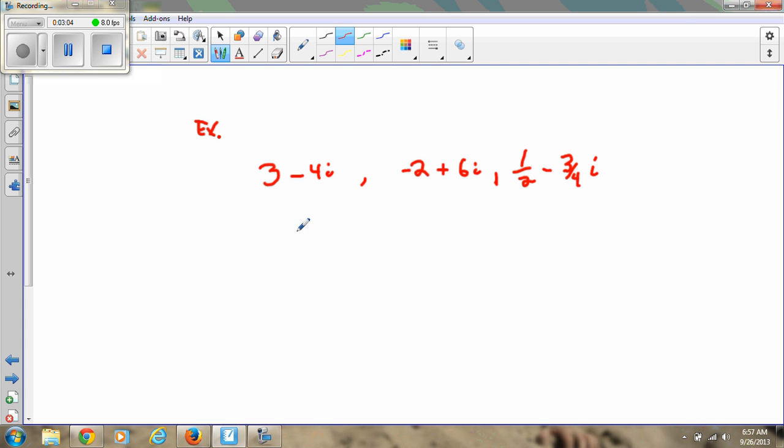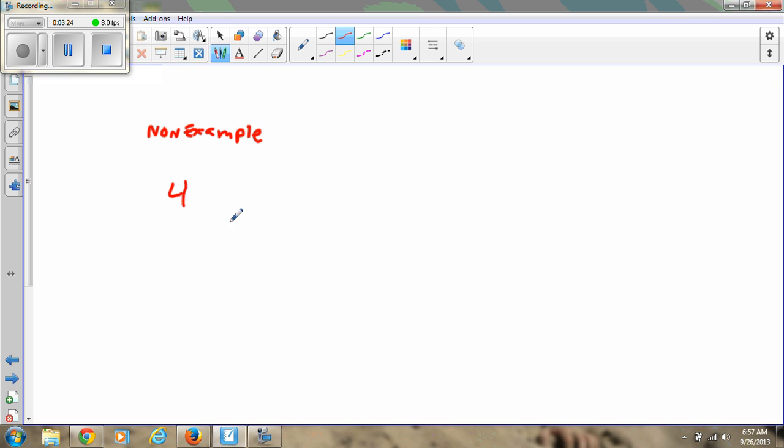Now what happens if they don't have the i part in them? Let's take a look at some of those. These are still complex numbers, but we're just going to label these non-examples. 4 is still a complex number. It's also a real number, and that's what we refer to it as.